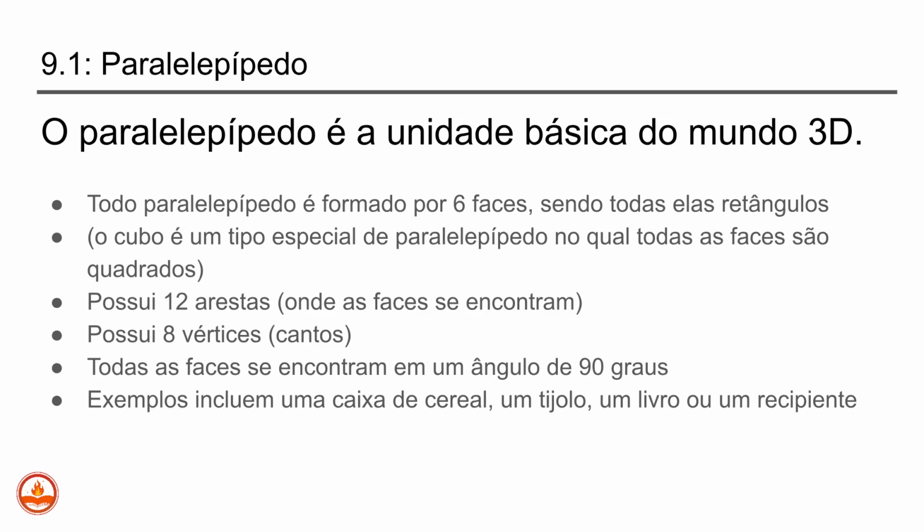A cuboid has 12 edges. That's where the faces meet. It has 8 vertices, also known as corners. All faces also meet at a 90-degree angle. Examples include a cereal box, a brick, a book, or a container.